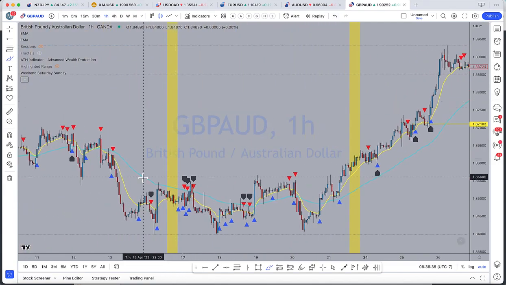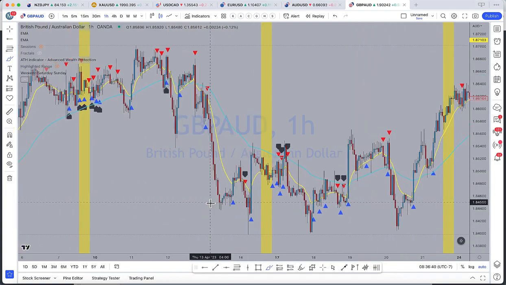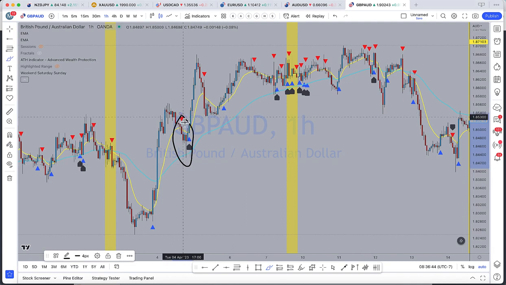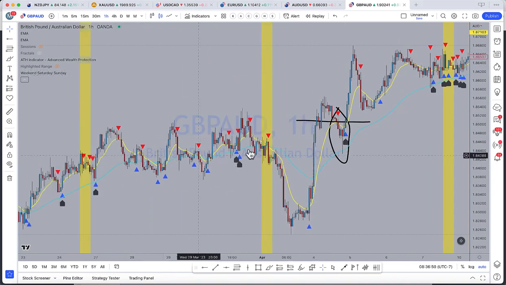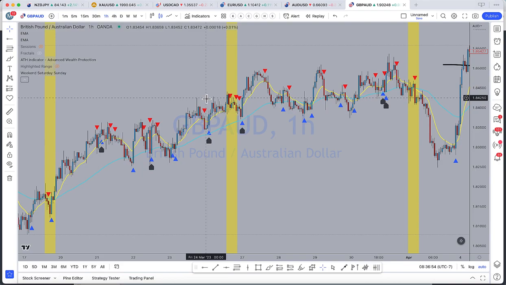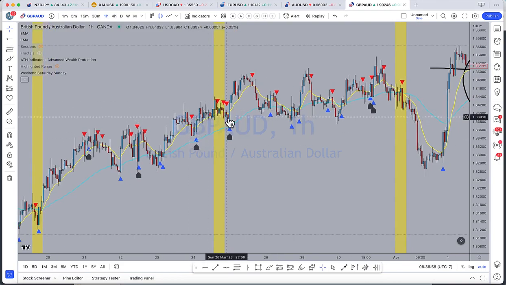It sucks during consolidation. This is not a consolidating strategy. It's only when price is trending. Boom. Down, great trade. Again, consolidation, you don't want to touch it. But during a trend, boom, goes up, goes up.